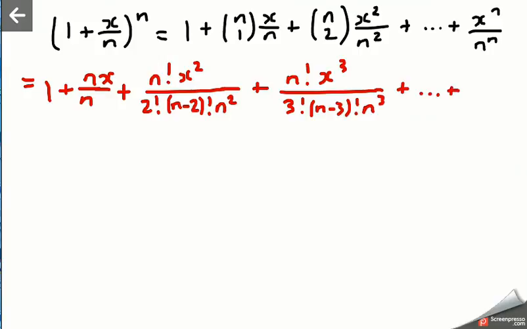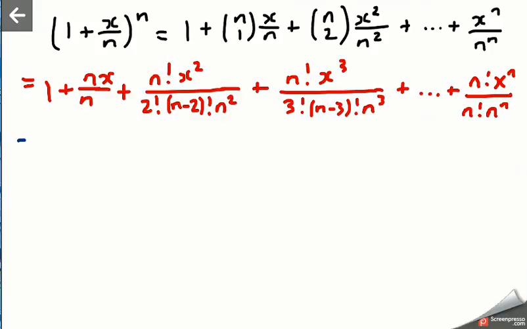And then at the end, this x to the power of n divided by n to the power of n is actually the same as n factorial x to the power of n divided by n factorial n to the power of n. So notice that these n's are going up in power as we go along. And also the x's are going up in power as we go along. And also these factorials here are going up as we go along. So those are important observations to make.